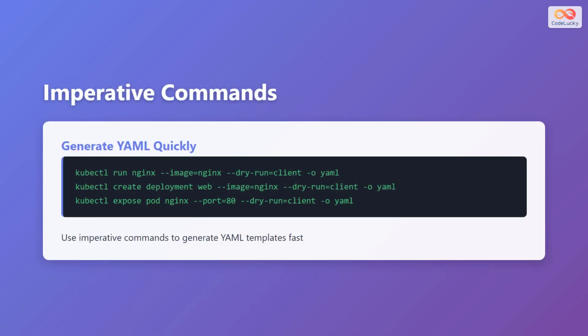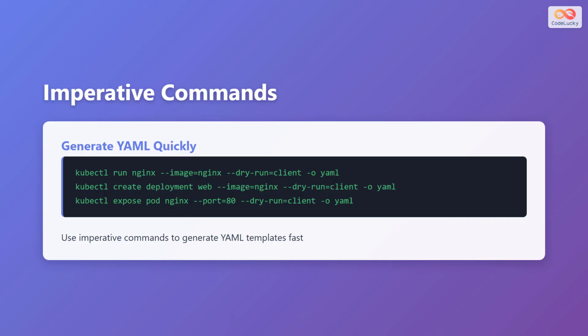Imperative commands are your secret weapon for generating YAML templates quickly. Instead of writing complex YAML files by hand, you can use commands with the dry-run flag set to client and output flag set to YAML. For example, kubectl run nginx with the image nginx flag, combined with --dry-run=client and -o yaml, will generate a complete pod YAML without actually creating the pod.